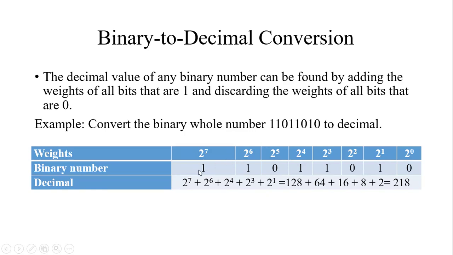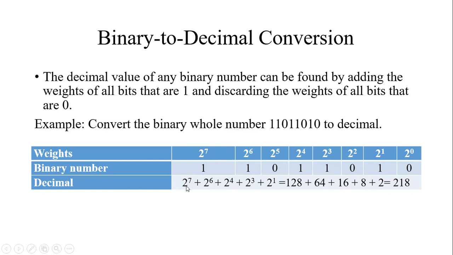To convert this binary number into decimal, the weight of this one is 2 raised to power 7, the weight of this one is 2 raised to power 6, the weight of this one is 2 raised to power 4, the weight of this one is 2 raised to power 3, and the weight of this is 2 raised to power 1.